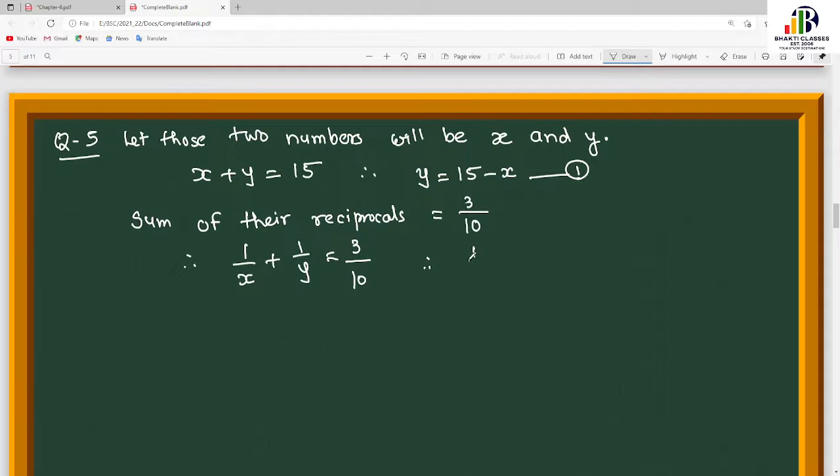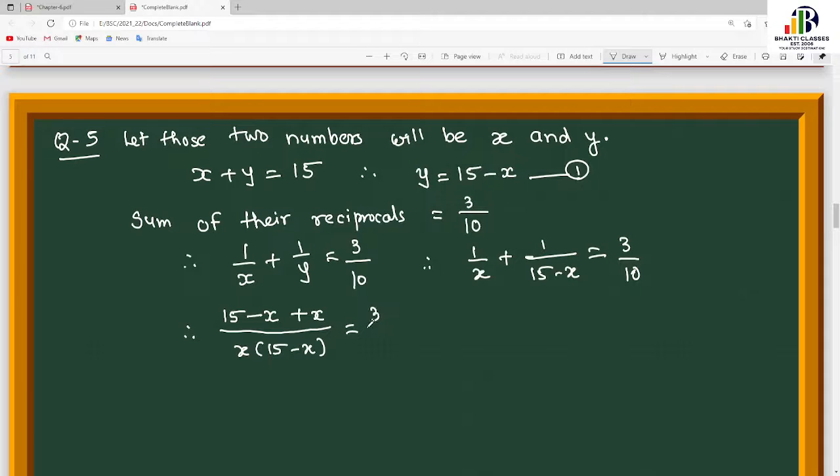Therefore, 1 upon x plus 1 upon (15 minus x) is equal to 3 by 10. Understanding or not? हाँ सर. We are doing the cross multiplication. (15 minus x plus x) divided by x into (15 minus x) is equal to 3 by 10.